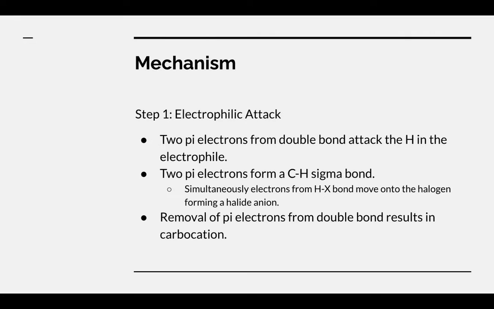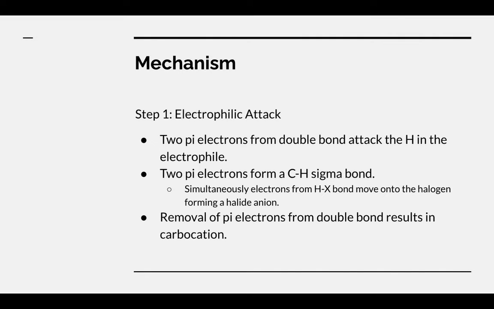So the next thing that I want to talk about is the mechanism for an electrophilic addition reaction. Our first step in this kind of reaction is going to be an electrophilic attack. During the first step of the mechanism, 2 pi electrons from the double bond attack the hydrogen in the HBr electrophile, which is shown by a curved arrow, and I will get to that in the next slide since there's an image.